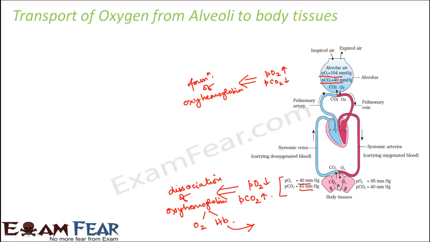When it reaches the tissues, it gets dissociated and oxygen is released into the tissues. That is how oxygen is transported, and it is seen that for every 100 milliliter of oxygenated blood, almost 5 milliliter of oxygen is delivered to the tissues.